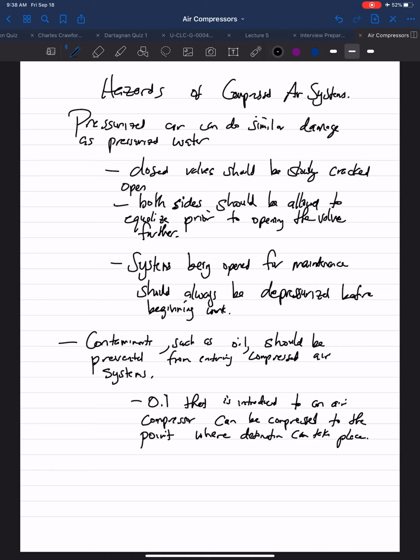So, as a quick recap, there are different types of air compressors, similarly to how we reviewed pumps in our pumps lecture, all with the intent to discharge air at a higher pressure than the inlet. Cooling systems are required in compressed air systems to remove any heat added by the compression.